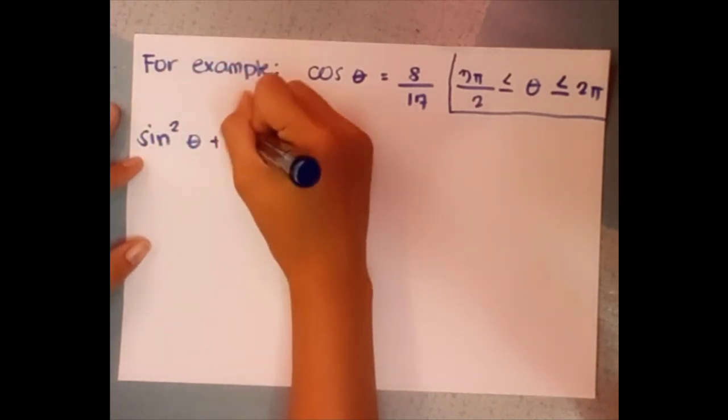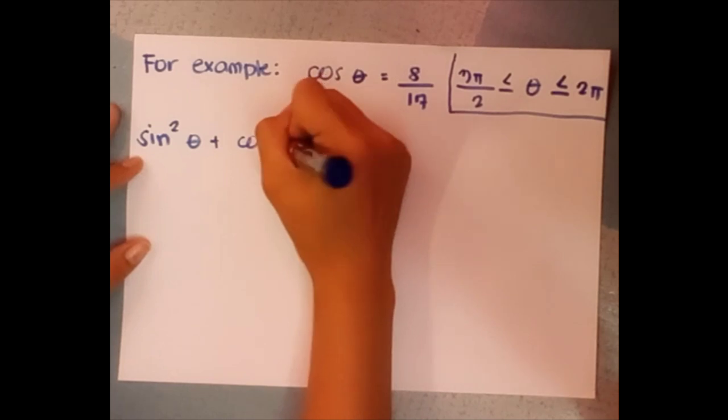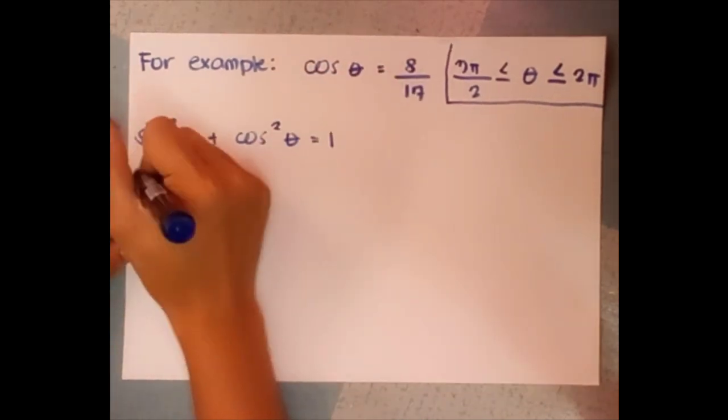So we have here the equation sine squared plus cosine squared equals 1.